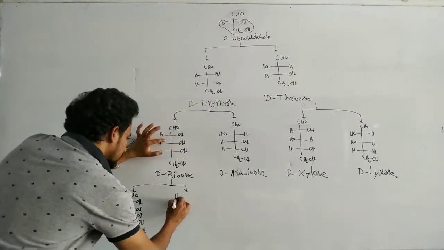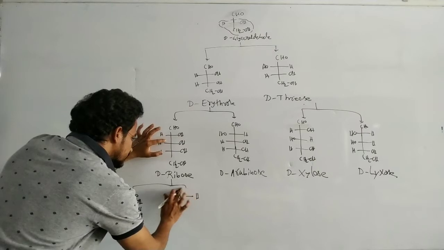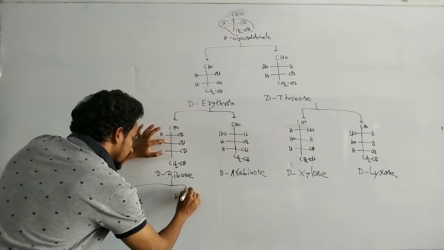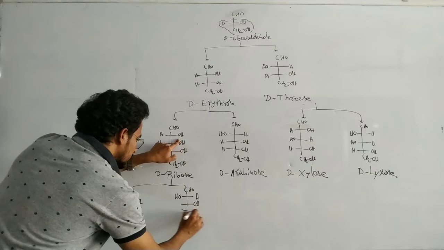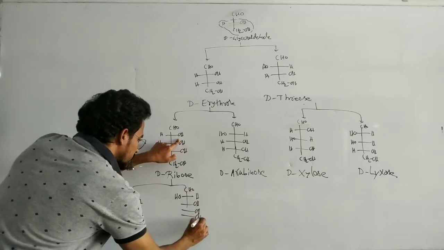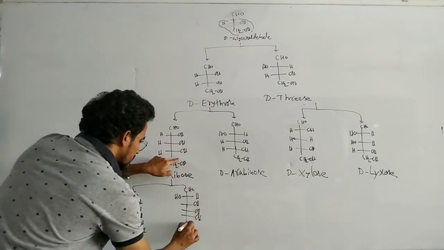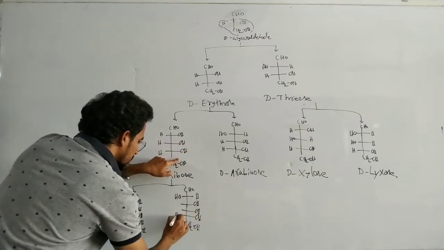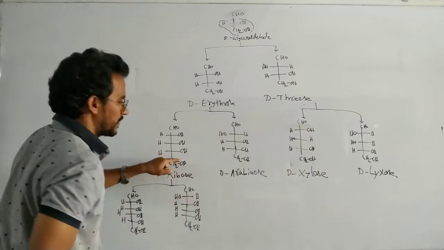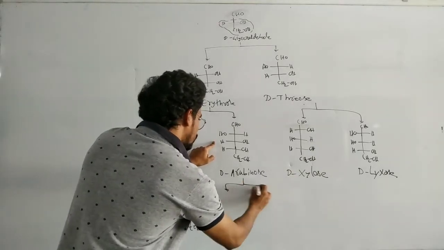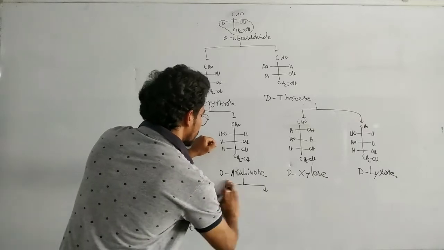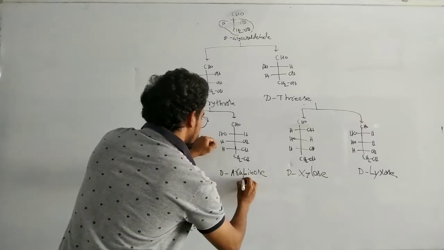Now here another one OH, H. Okay, CHO, next remaining same OH, OH, OH, okay, 3 OH groups, and this CH2OH hydrogen, hydrogen, hydrogen. Okay, next in this case, again here for this one, two isomers. Okay, for this one, two isomers.